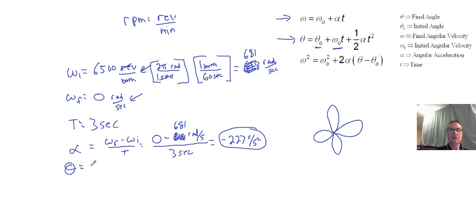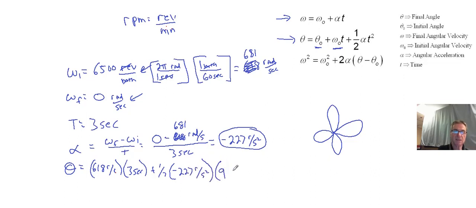So theta is going to be omega 0 times t, so it's going to be 681 radians per second times t, which is 3 seconds, plus a half times the deceleration, which is negative 227 radians per second squared, times the time squared, which is 9 seconds squared.